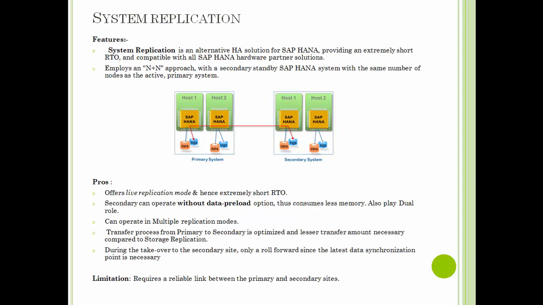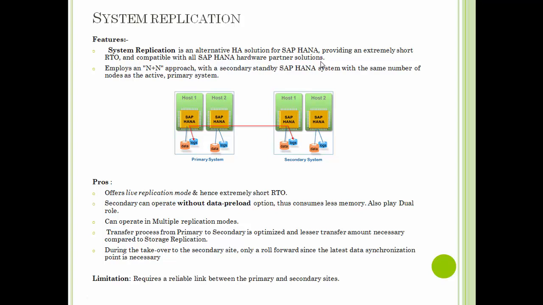Now moving on to knowing about the system replication solution. System replication is an alternative high availability solution for SAP HANA, and it provides an extremely short RTO and is compatible with all SAP HANA hardware partner solutions.